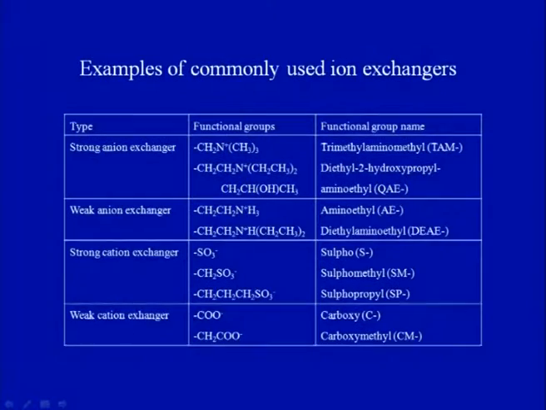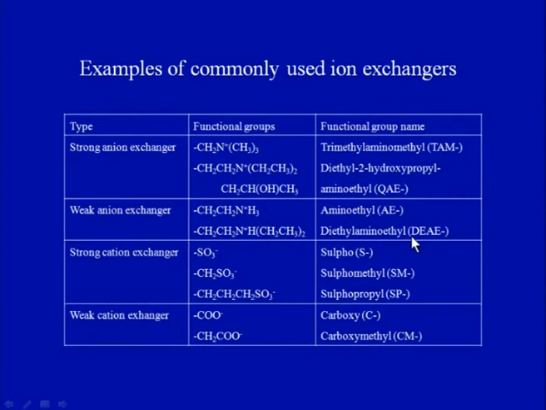Now, there are a lot of examples of commonly used ion exchangers, as you can see in this table. There are strong anion exchangers, weak anion exchangers, strong cation exchangers and weak cation exchangers. Some examples of strong anion exchangers are trimethyl aminoethyl, which is also called TAM, and diethyl 2-hydroxypropyl. Weak anion exchangers are aminoethyl and diethyl aminoethyl, DEAE.